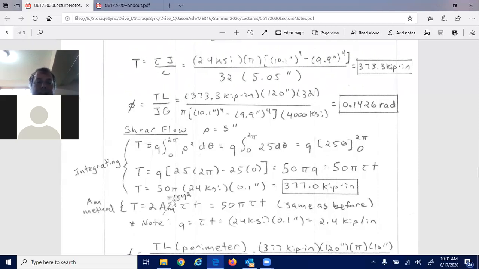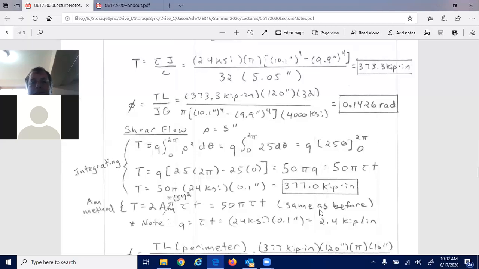Again, your mean area is just going to be pi times your radius squared, which will be 25 times pi, and it'll collapse out to the same thing, 50 pi times your shear stress times your thickness. And so you see that the algebraic method just gives you the same result as if you were integrating. And so the algebraic one is the path you'd want to typically do if it's a cross section that's easy to calculate that mean area.